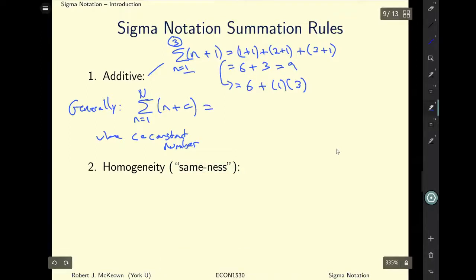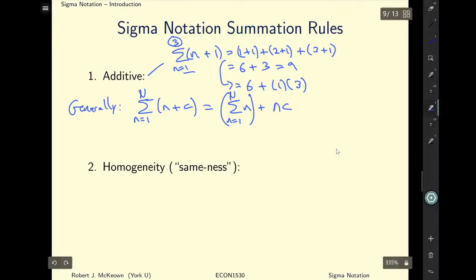Then this thing is going to be equal to the sum of n and c. We're going to add up c n times, and that's the very definition of multiplication.